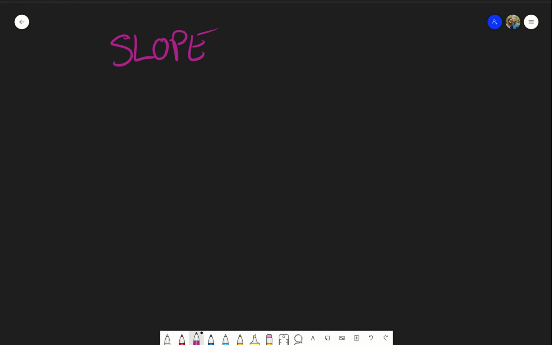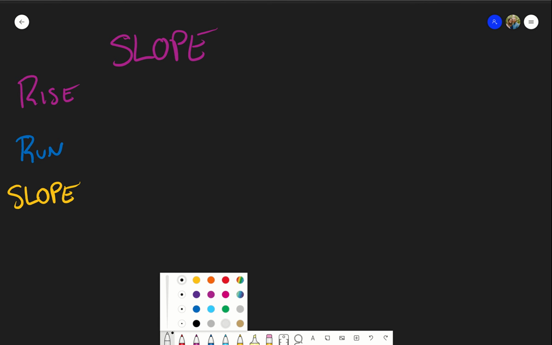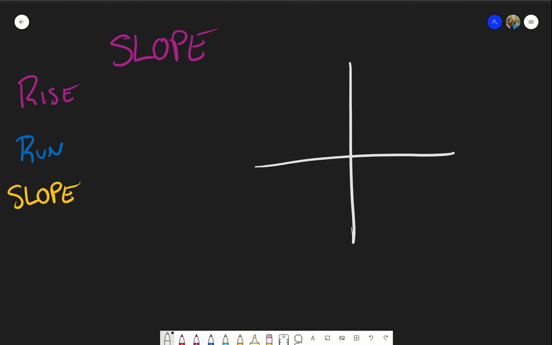So when we talk about slope, there's a couple things we need to know. We need to know about the rise. We need to know about the run. And we need to know about the slope. All right, now we think, all right, so we have a graph here, yes?